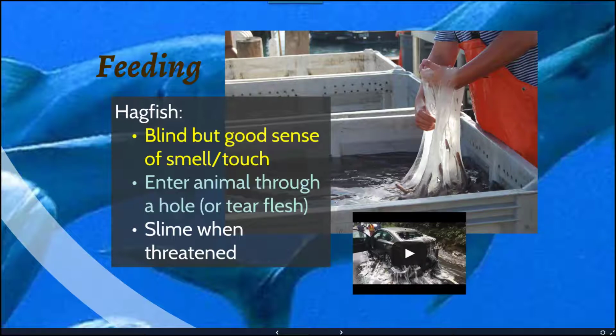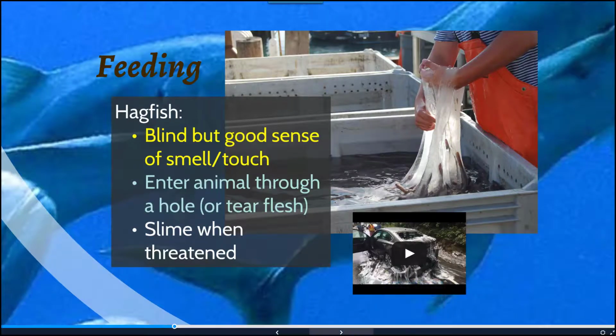When they feel threatened, they're going to expel all that slime, which makes them slippery so they can escape. And you can see in this figure below, we have a car where a truck full of hagfish has actually spilled out. There's a video associated with that if you want to look on YouTube.